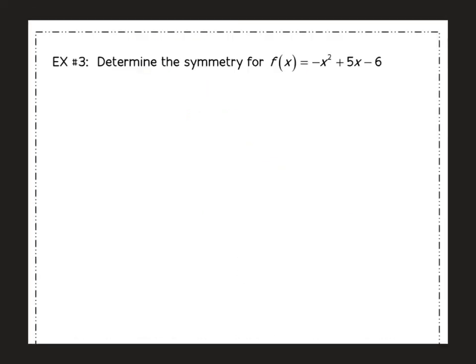All right, so this is our last one, and we'll do this one together. And again, the directions say determine the symmetry or determine if even or odd. You know that you're going to be doing the same thing no matter what. We're going to be plugging in a negative x to all of our x's. So we're going to have negative x squared plus 5 times negative x, and then minus 6.